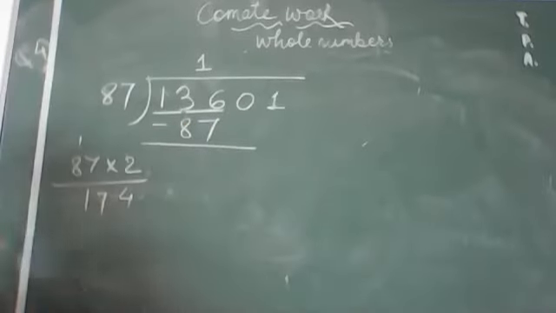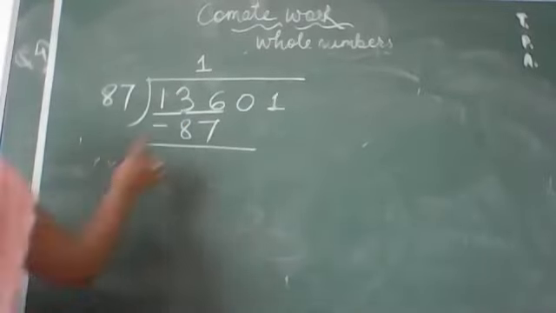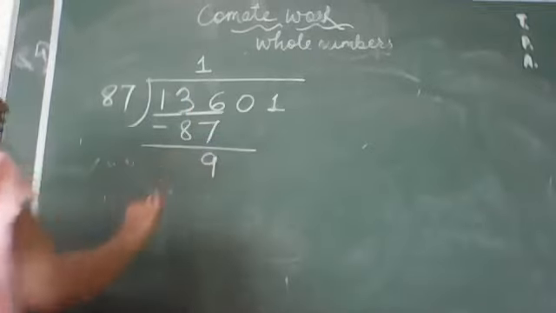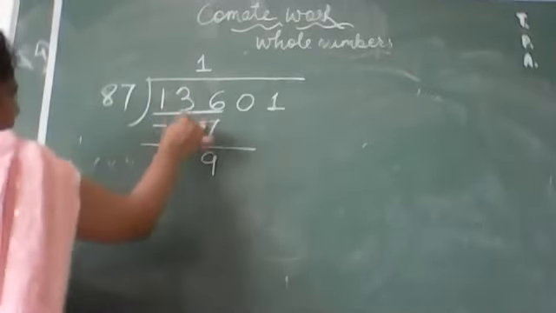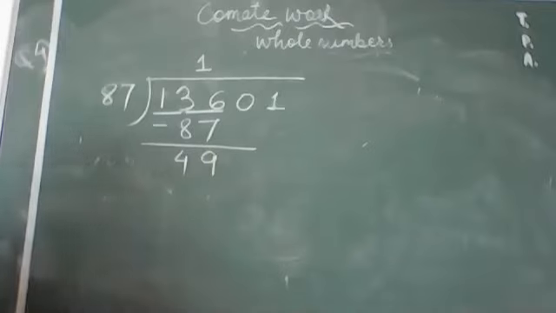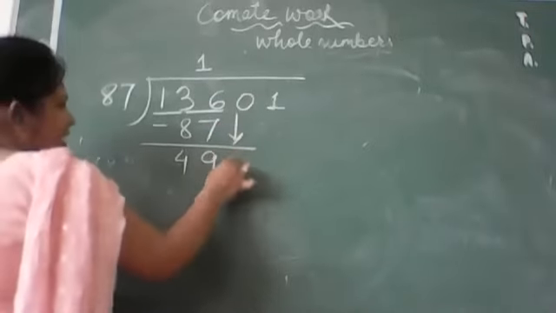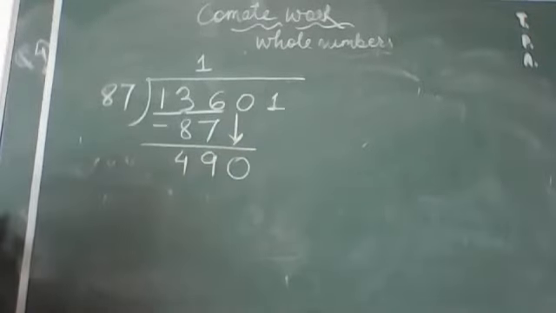Now we will subtract this. After subtracting, 16 minus 7 will give you 9. And 12 minus 8 will give you 4. 49 is coming. Now after 49, in the next step, the next number will come down. That is only 0. Now let us divide it more. 490.